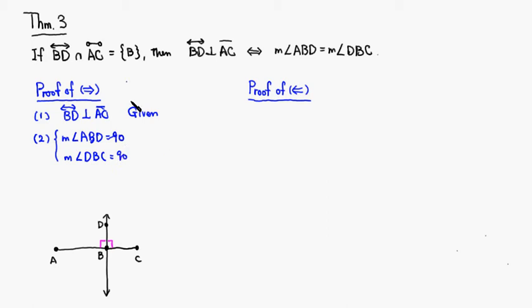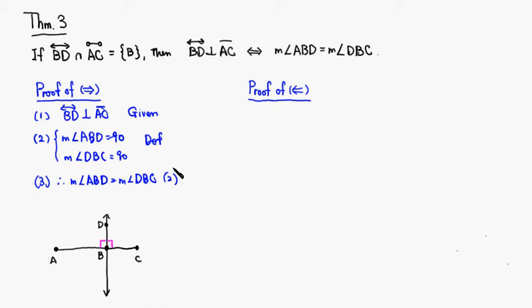So this is by definition of perpendicularity. Then 3, therefore we know that they are both 90, so the measure of the angle ABD is equal to the measure of the angle DBC, right? So that just comes straight from number 2.